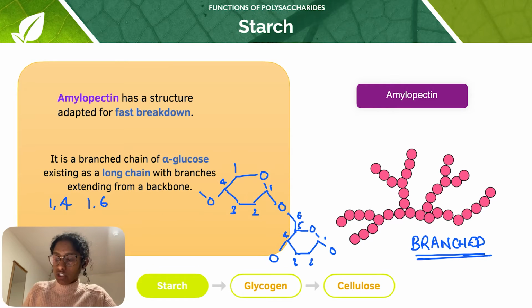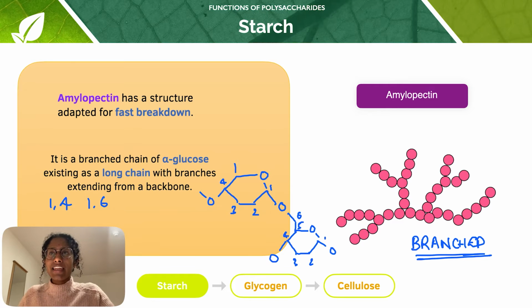Each of these individual chains can link up also by the 1-6 glycosidic bond, which is why you get these straight chains where alpha glucose is bonded in the 1-4 glycosidic bond position. But then you also get these branches coming off where, at this point, for example, this alpha glucose's carbon number 1 is bonded to the carbon number 6 via this glycosidic bond, so hence forms a branch point.